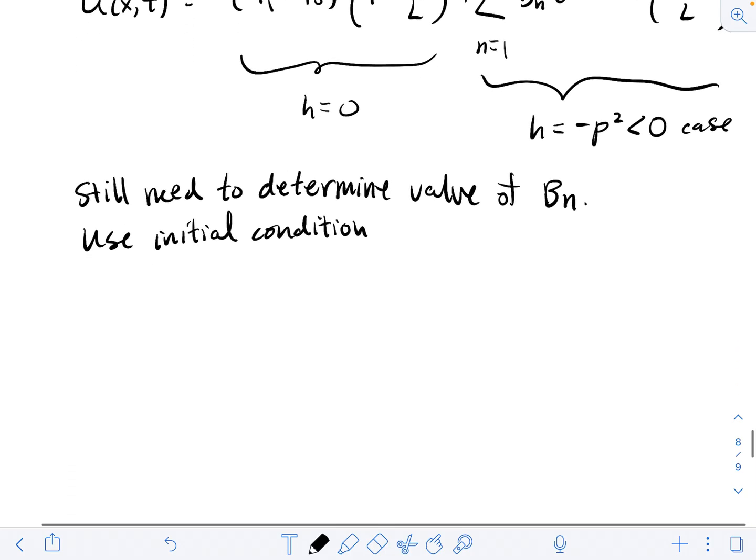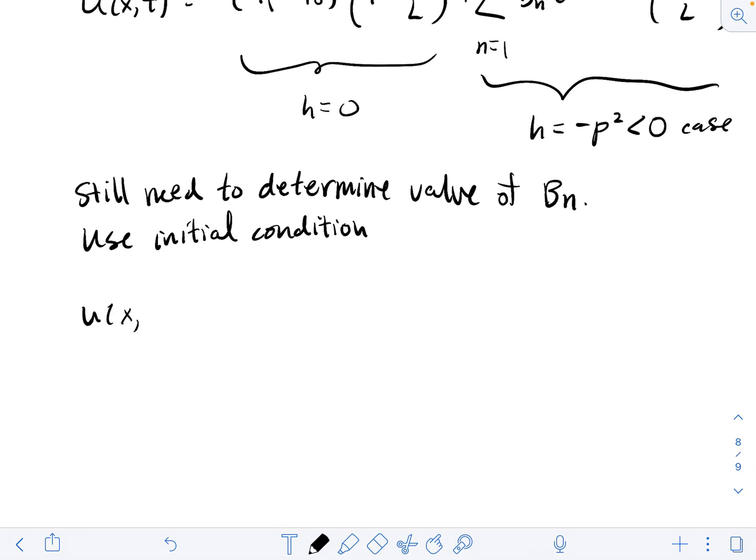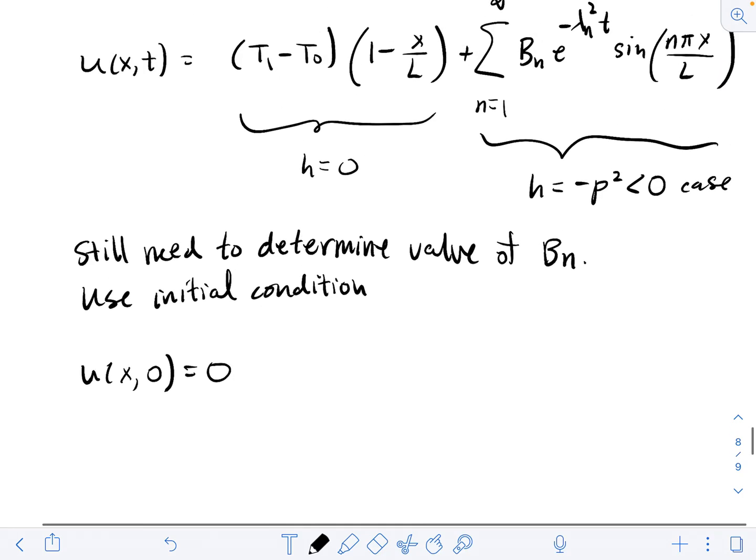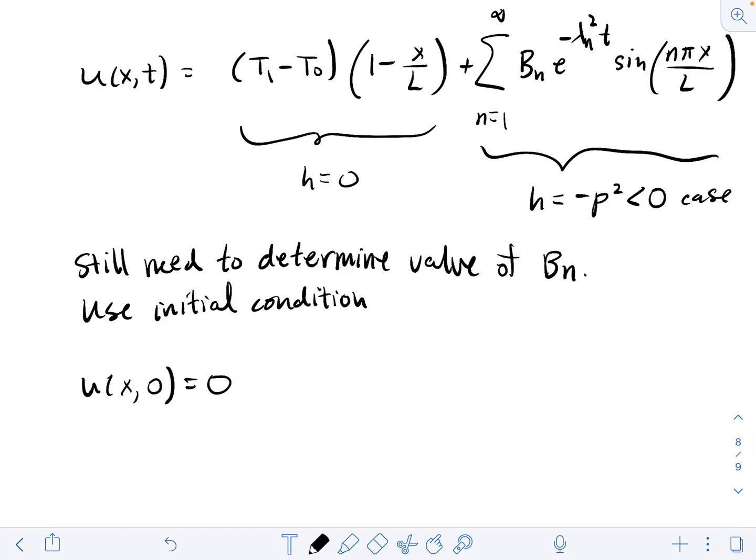The initial condition is that u at t equals 0 is equal to 0. When we put in t equals 0, the exponential e to the minus lambda n squared times t becomes e to the 0, which is just 1.